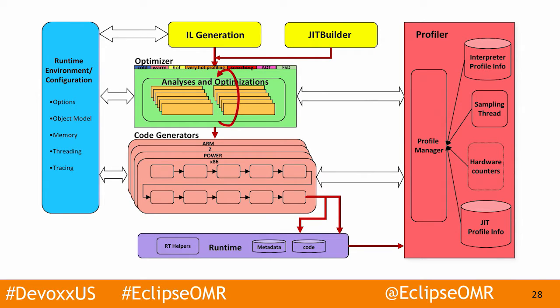It does tiered compilation. It's been doing that for almost 20 years now, and it was one of the things that we did from the start. And of course, code generation, it does that. All the while that this is operating, it's in constant communication with the language environment itself to ask questions about things like what is the offset of this field in this object, or talking with a runtime profiler as well, if that capability is hooked up, to get that kind of information fed into the optimization process.